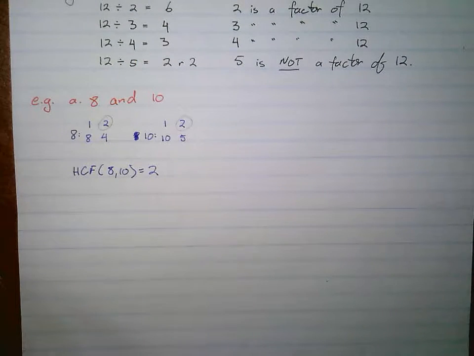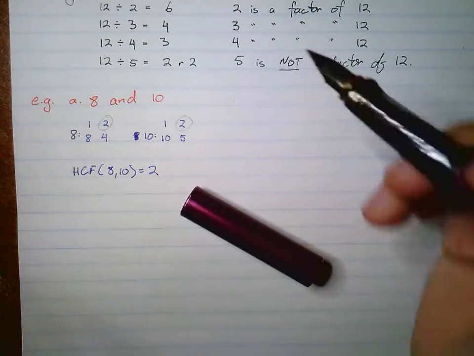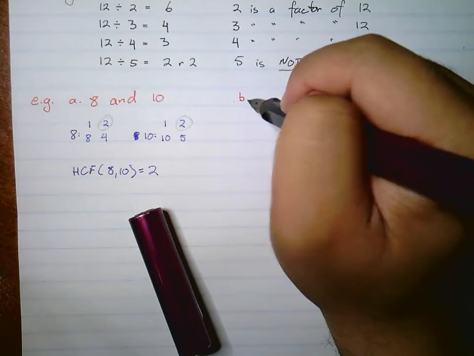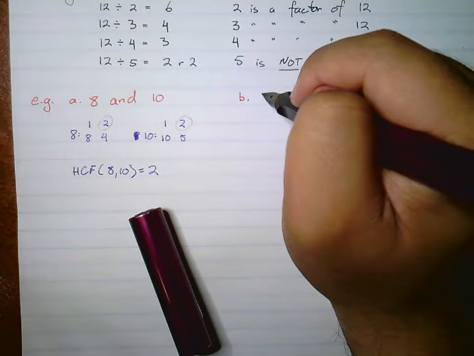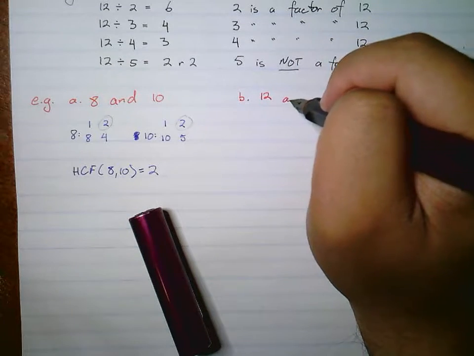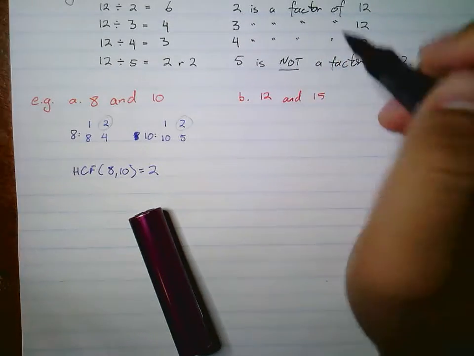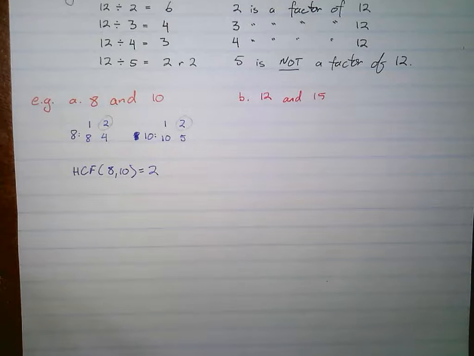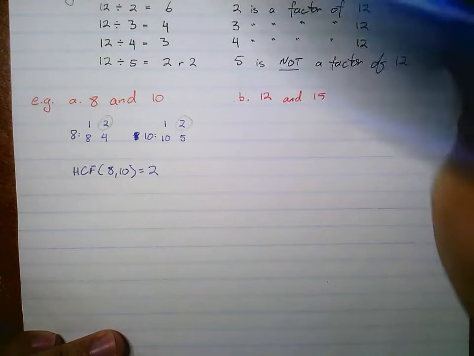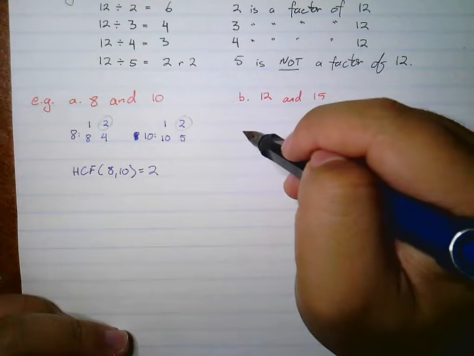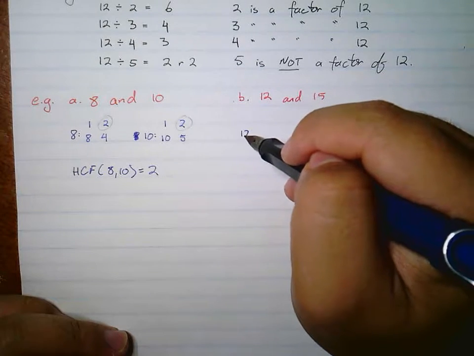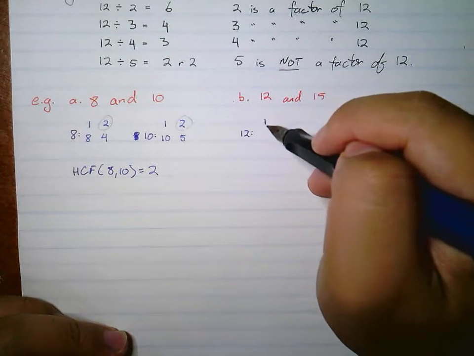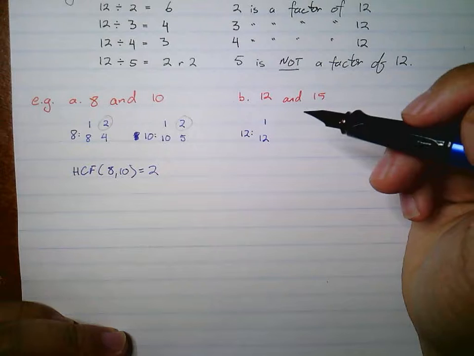Okay, let's keep going. Let's take a look at the highest common factor of 12 and 15. Let's take a look at the factors of 12, sorry. Factors of 12. 1 and 12.